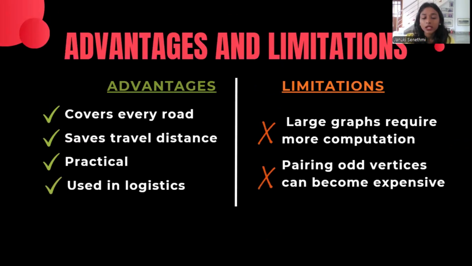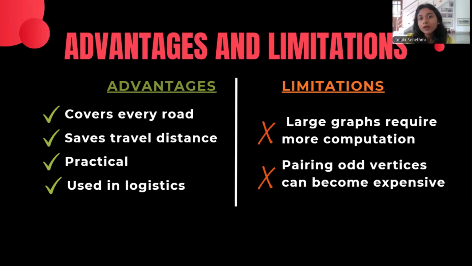Like every algorithm, the Chinese Postman algorithm has both strengths and limitations. Advantages include it guarantees that every road is covered and it minimizes unnecessary travel. It has many practical real-world applications and it improves efficiency in transportation and logistics.